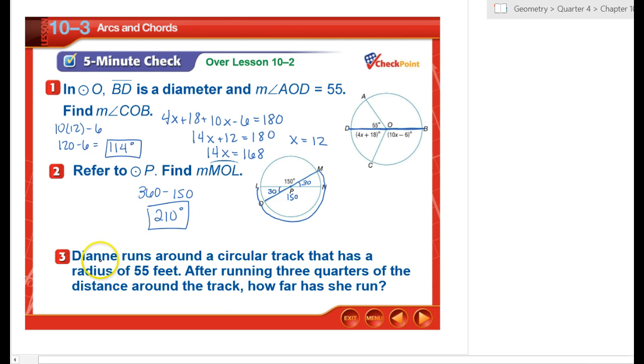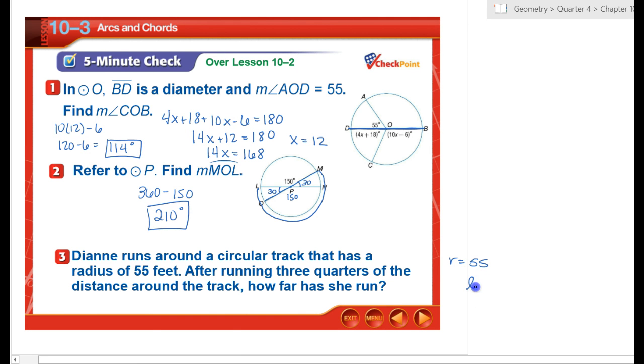Alright, so 3, Diane runs around a circular track that has a radius of 55. After running 3/4 of the distance, how far has she run? Okay, this is like finding arc length.